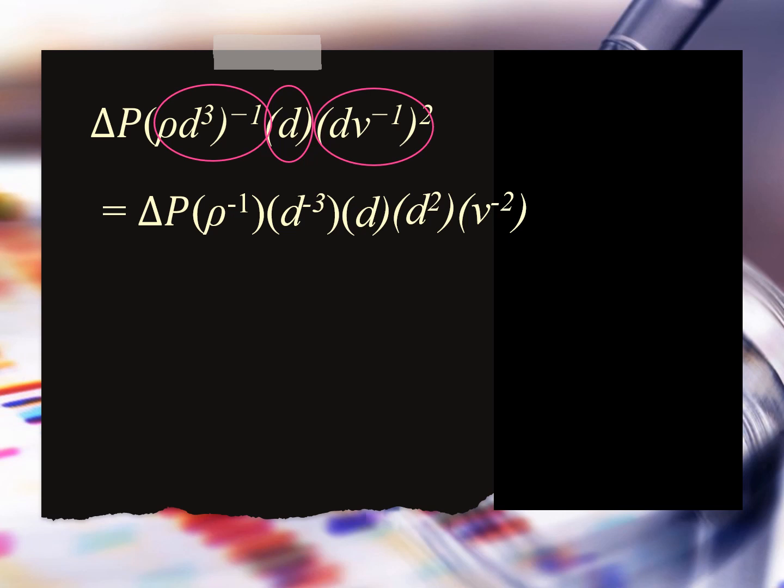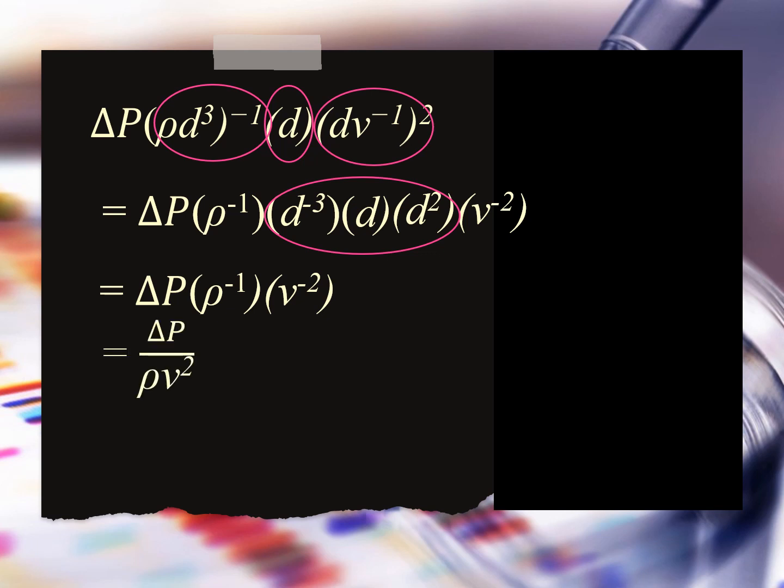With D raised to negative 3, and you have a D raised to 1, D raised to positive 2. If we simplify this, you get a D raised to 0, and that would be equivalent to 1. The equation, therefore, can be further simplified into change of P times density raised to negative 1 times V raised to negative 2. Finally, we have a change of P over density V squared.